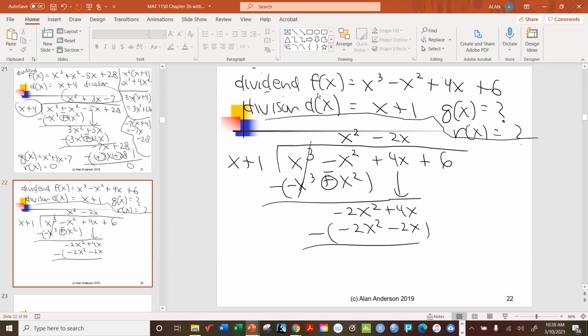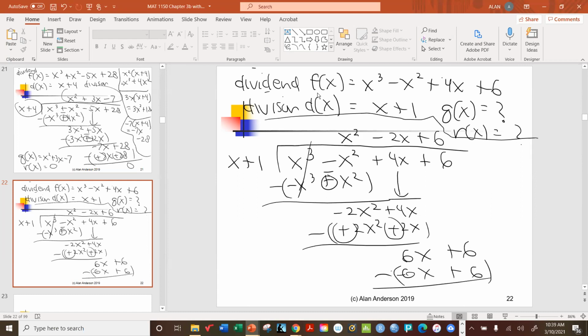And when I subtract, I have 6x plus 6, and the way to get rid of a 6x is to put a 6 here. And they just nicely drop out, and I'm left with 0. So this is my quotient, and this is my remainder. It's always nice when it works out evenly, isn't it? Yes, it is.